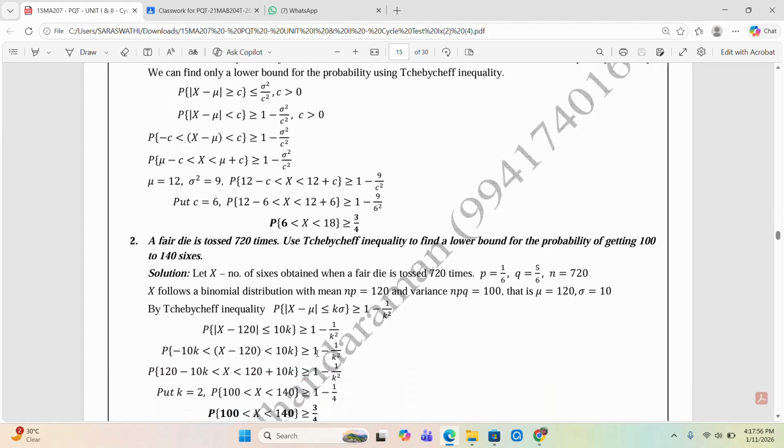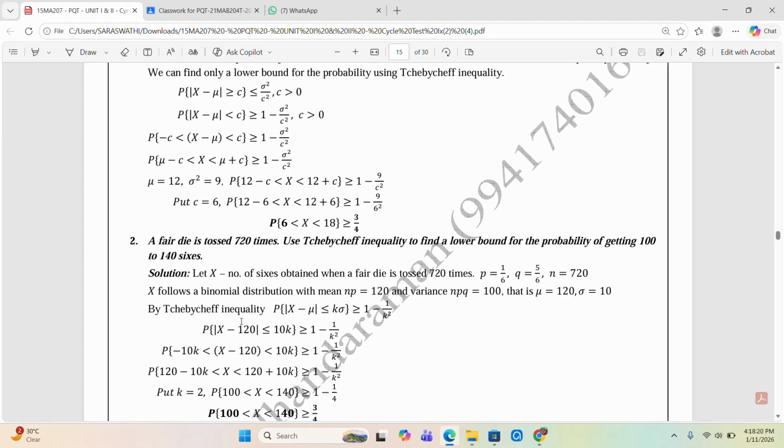Now we can use the Tchebycheff inequality. P of modulus of x minus mu less than or equal to k sigma is greater than or equal to 1 minus 1 by k square. So now x minus mu, we have the mu value equal to 120, less than or equal to k sigma, and sigma here is 10.